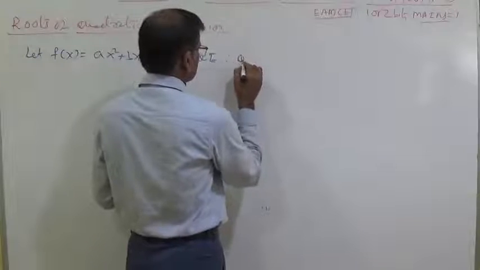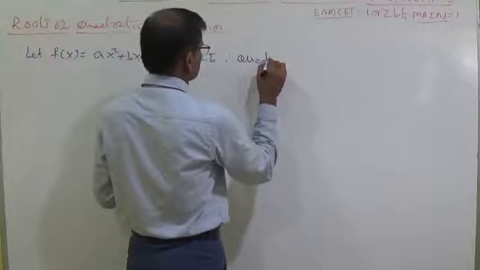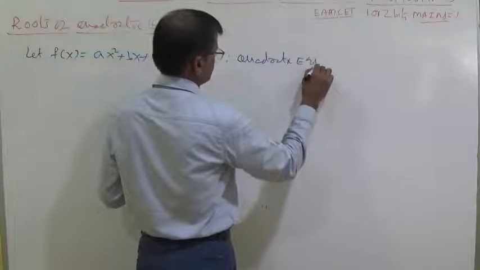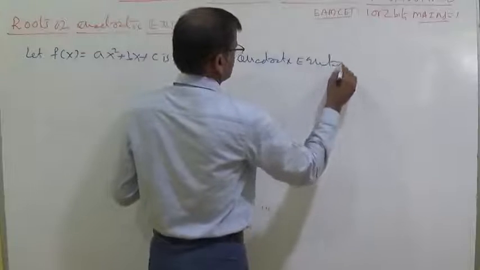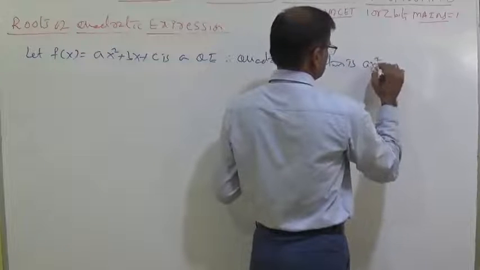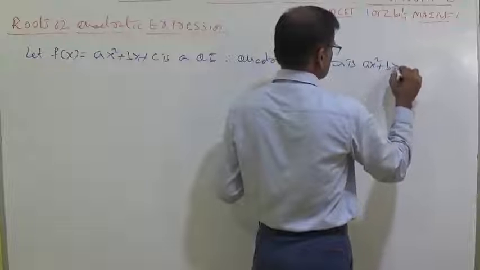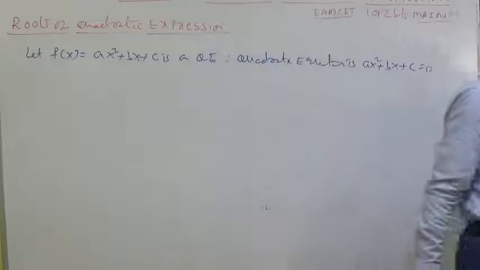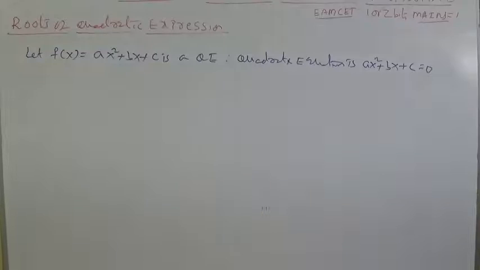Therefore, quadratic equation I am writing. Quadratic equation is ax square plus bx plus c is equal to 0.